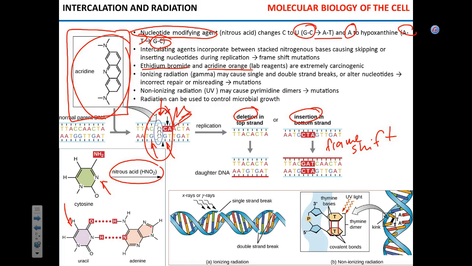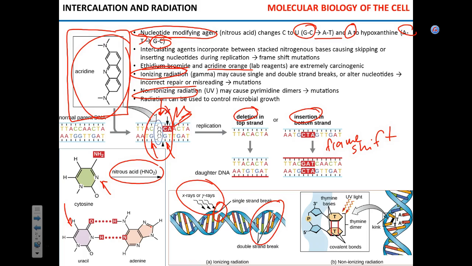Now, examples of physical carcinogens are ionizing and non-ionizing radiation. Now, what happens in the ionizing radiation? X-rays or gamma rays have such a high power, high energy, that they will introduce single or double strand breaks.